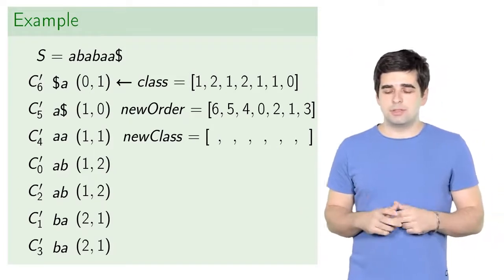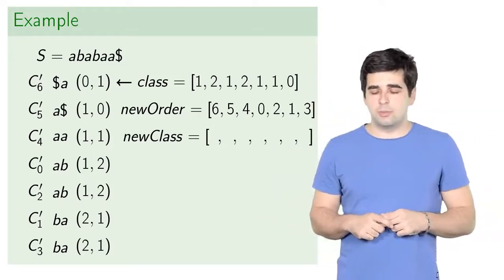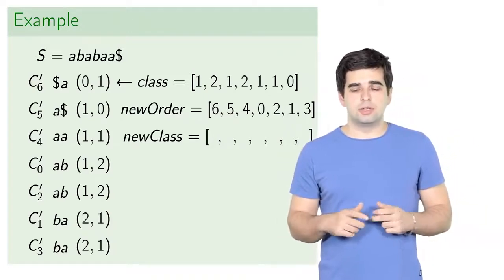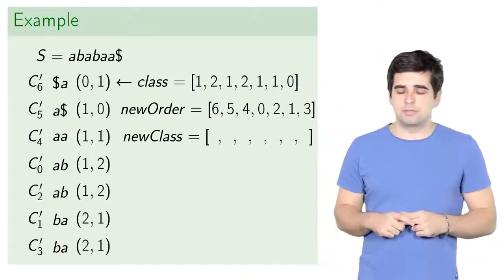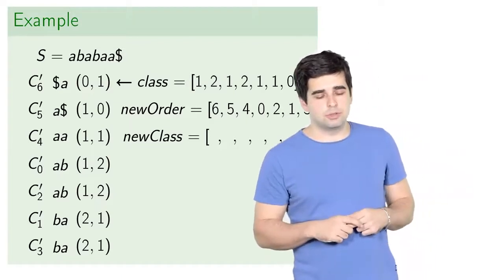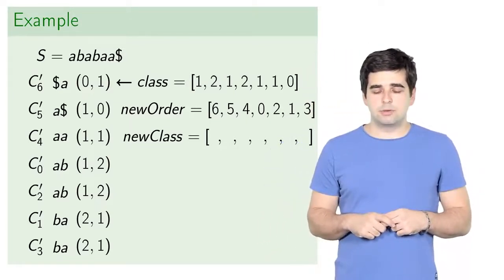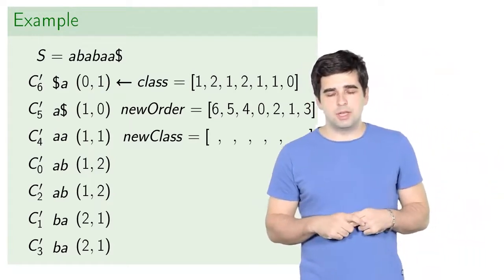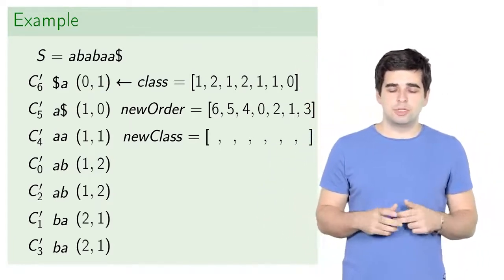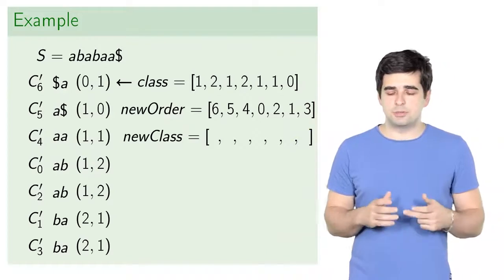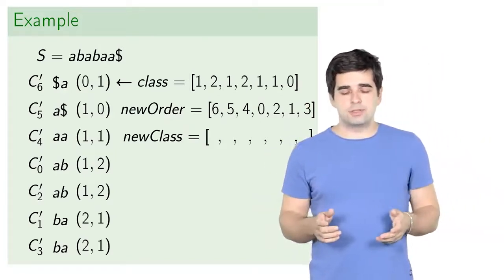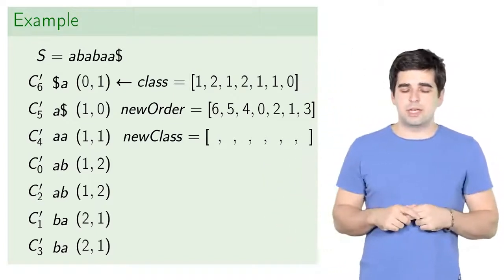And remember that this array has one element which is equal to 0, which corresponds to the $, and it is in position 6. We have 4 elements which are equal to 1, which correspond to letters A in positions 0, 2, 4, and 5. And we have 2 elements which are equal to 2, which correspond to letters B in positions 1 and 3. So these are the equivalence classes of the single cyclic shifts.